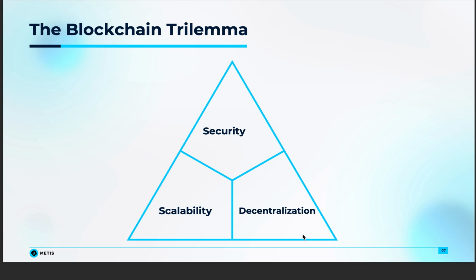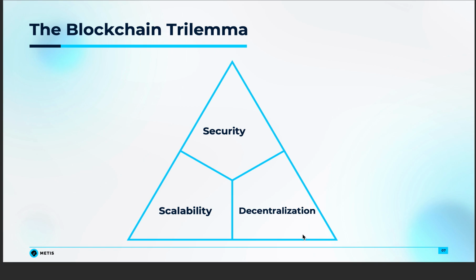Now, talking about the blockchain trilemma, the three key features that blockchain introduces is security. This is the ability of blockchain to remain protected from malicious actors, from attackers that are trying to alter the transaction data. So, blockchain provides security against that. Another feature is decentralization.